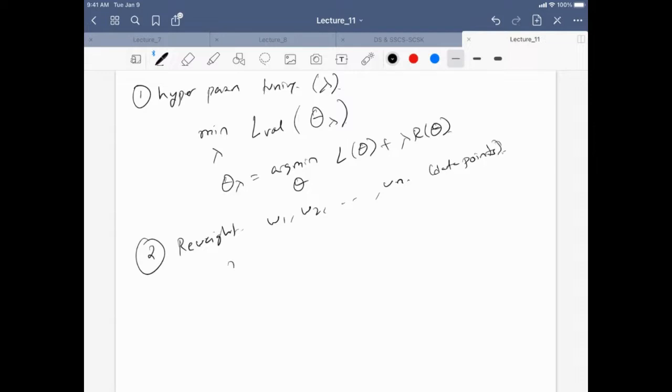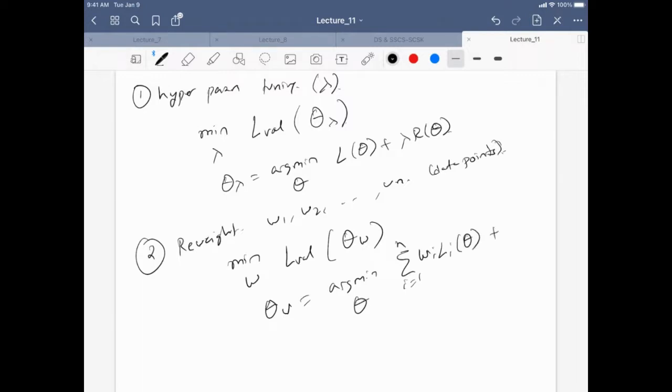And now I want to minimize my loss on a validation set of theta W, where theta W is nothing but the argmin over theta of the sum from i equals 1 to n of Wi times Li of theta, plus some lambda times a regularizer. So here I'm trying to reweigh my data points so that the model performs well on my validation set. Now, why do I want to reweigh my data points?